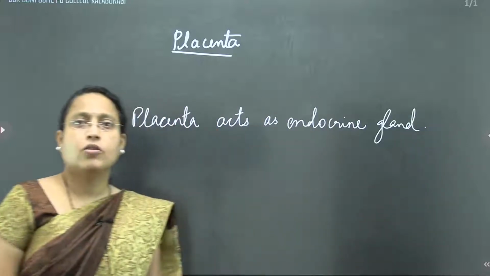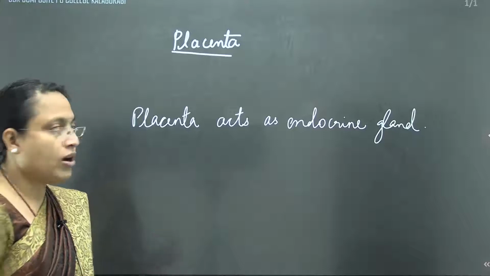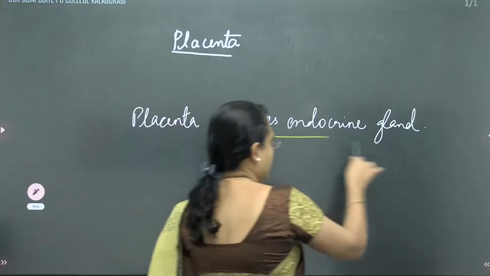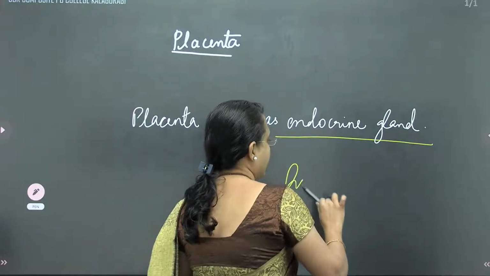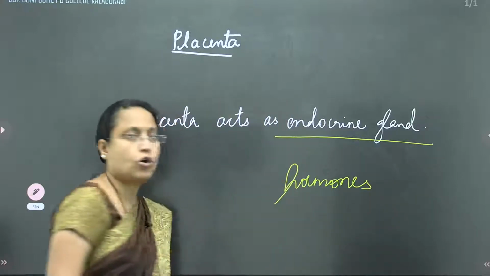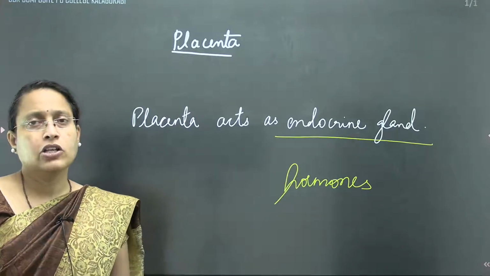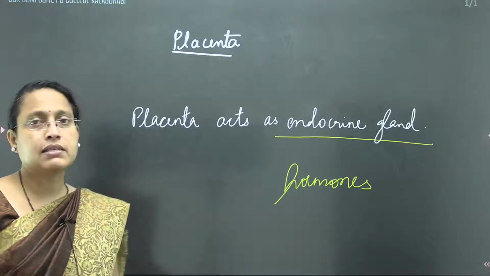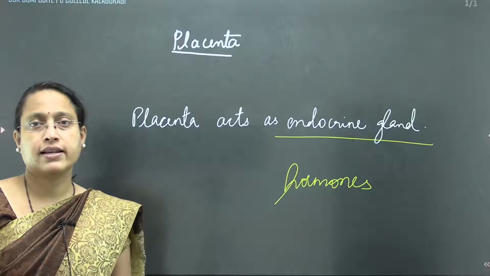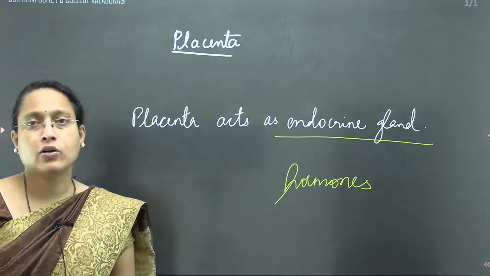You'll know what an endocrine gland is. Usually, those glands that secrete hormones are called endocrine glands. So, placenta also secretes certain hormones, which I'm going to discuss at the end of the class, because of which it is also called an endocrine gland.